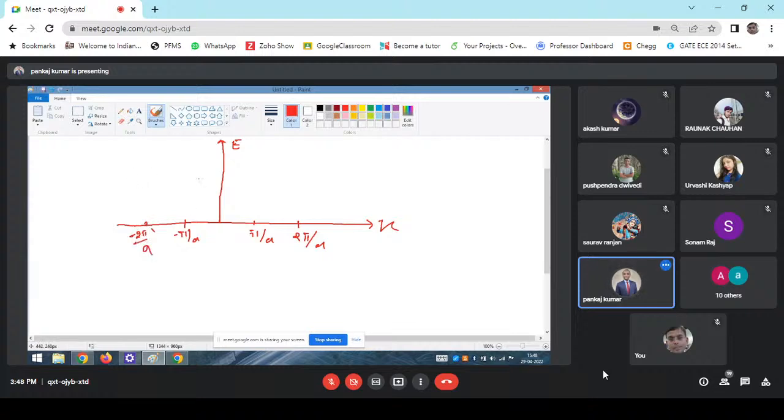So this E is periodic. Right? So whenever we represent the E-k diagram, in books you might only see this one.